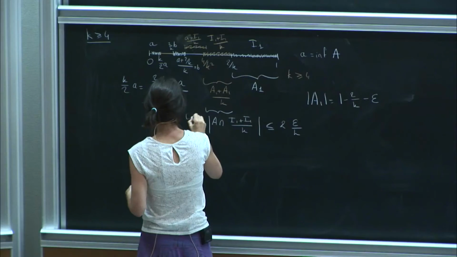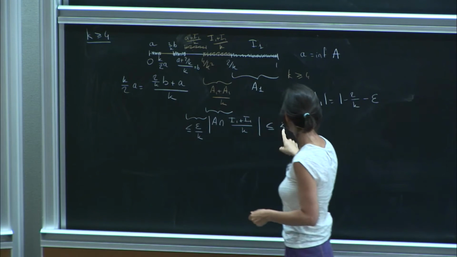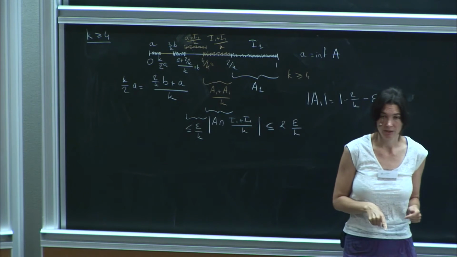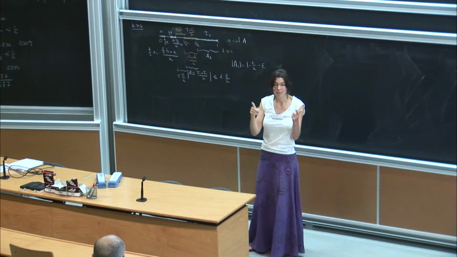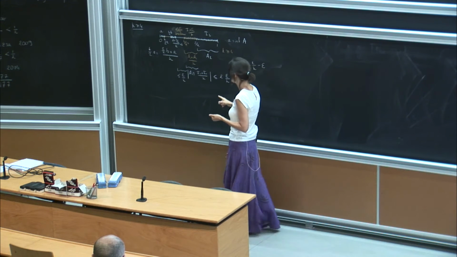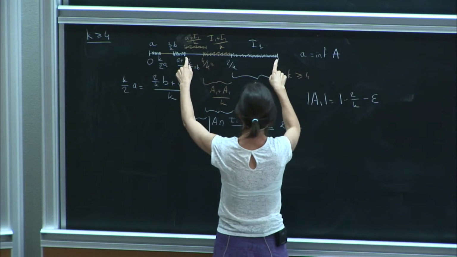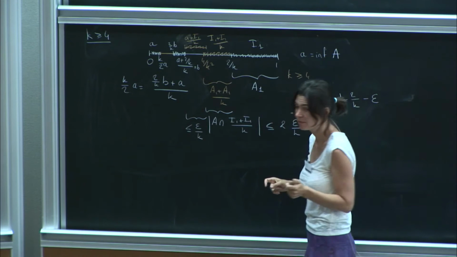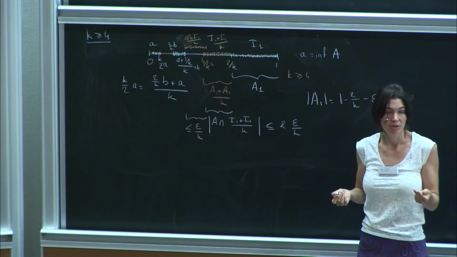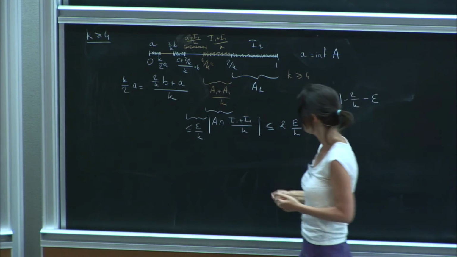So here, you have at most 2 epsilon divided by k here, epsilon divided by k here, so it's 3 epsilon divided by k. And since k is larger than 4, you have a measure on this interval which is smaller than what you could have if epsilon is equal to 0. Okay?